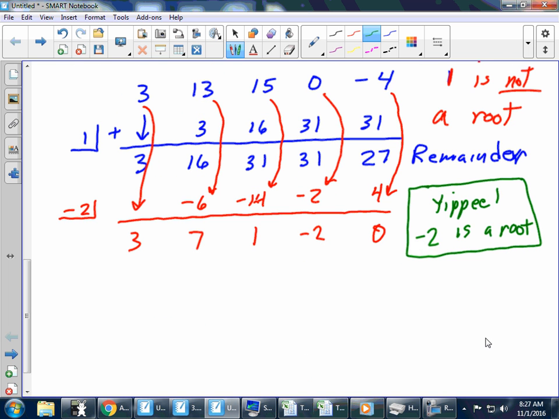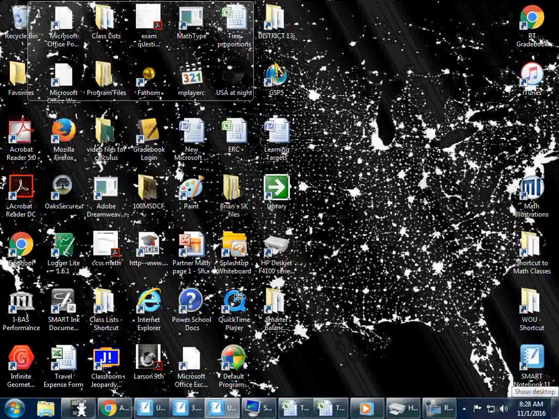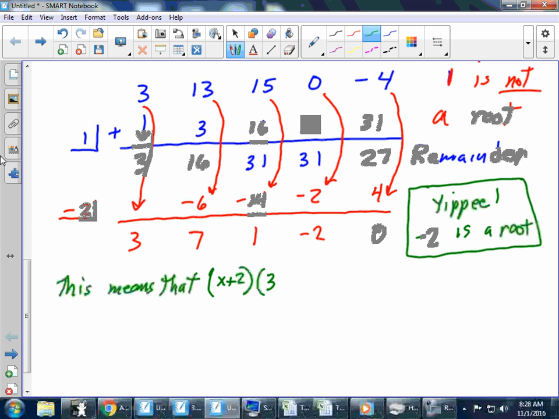Okay, so this means that we don't want to lose sight of what we're doing. What's the factor then? X plus 2 times, what's the other big factor? Think hard. 3x to the what power?